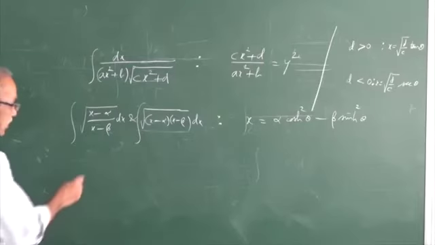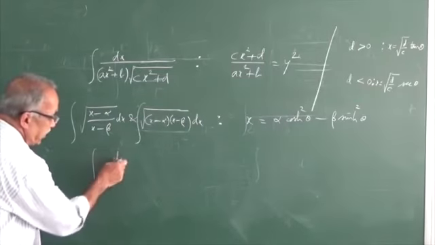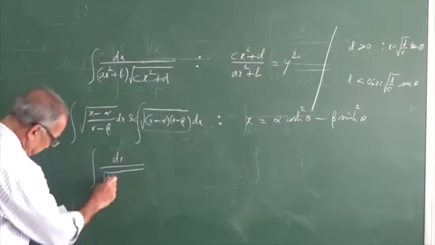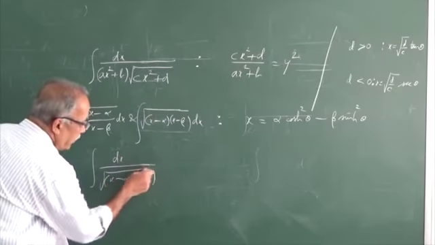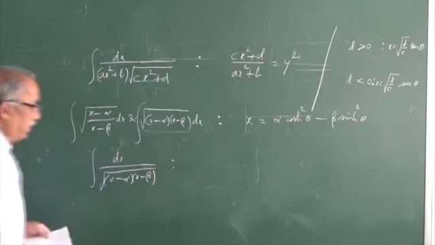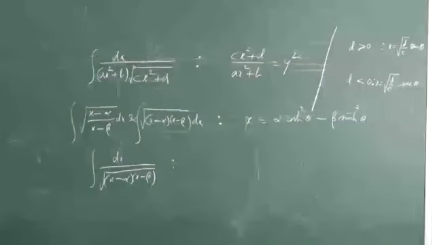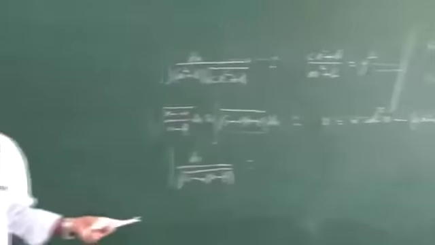Next, suppose your integrand is dx by root of (x minus alpha into x minus beta). Again, one method we already have, the method of completing squares.